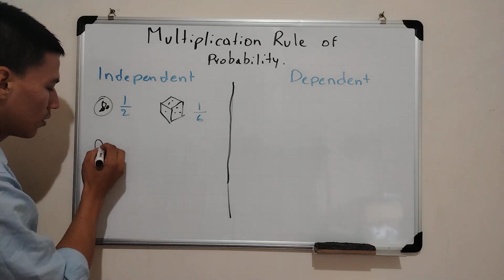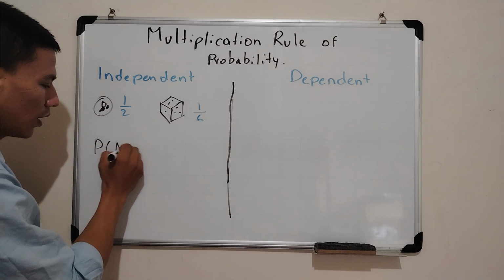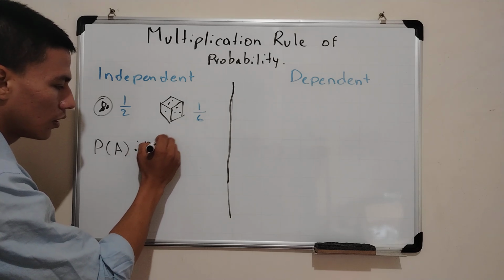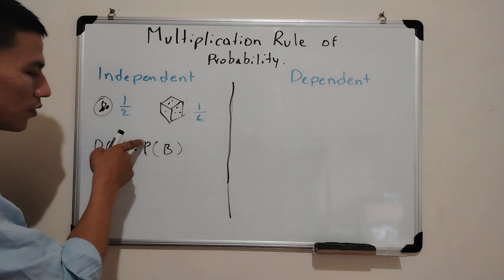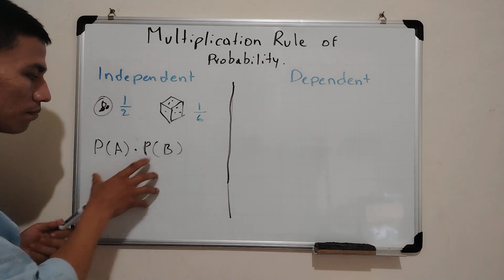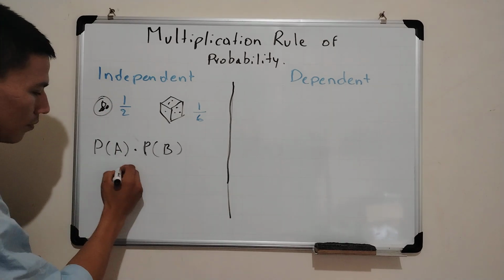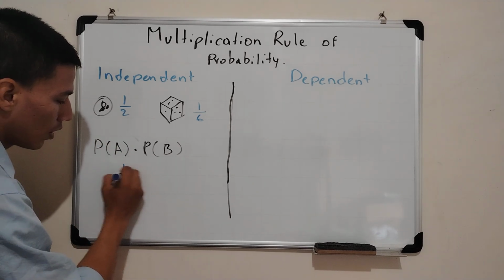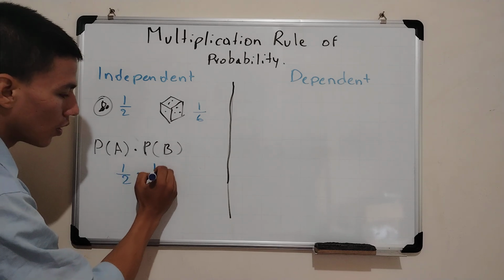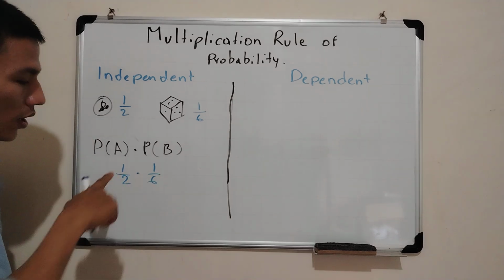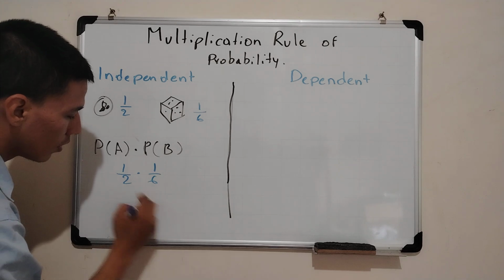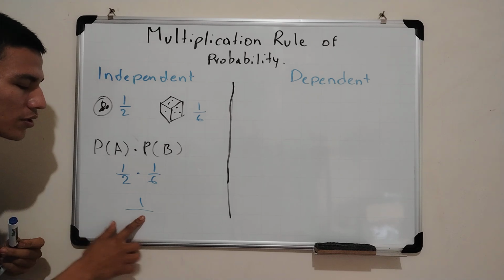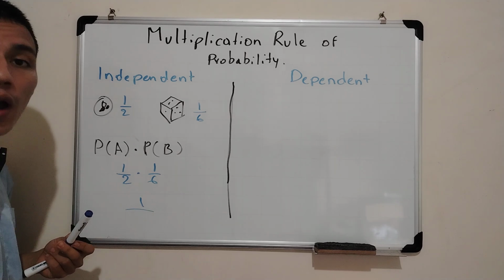The probability of A times the probability of B. And you simply multiply 1 half times 1 sixth. 1 times 1 equals 1. 2 times 6 equals 12.